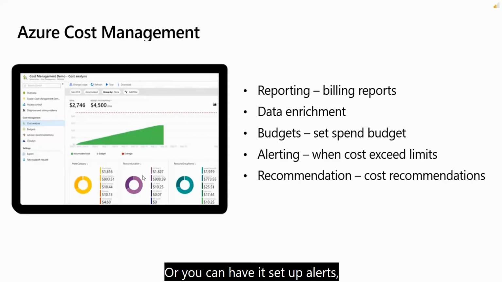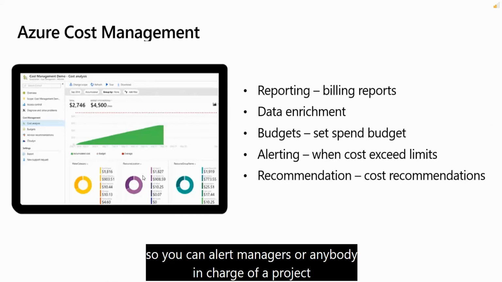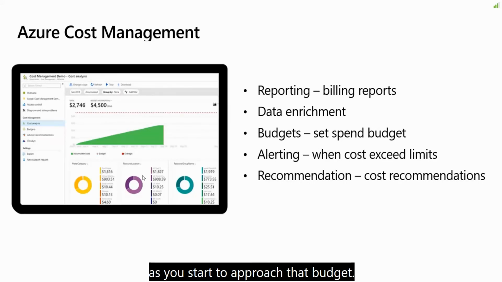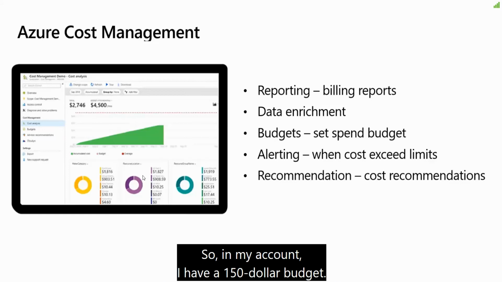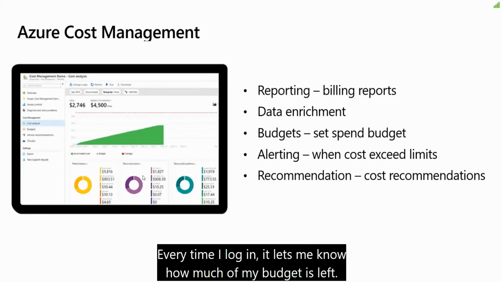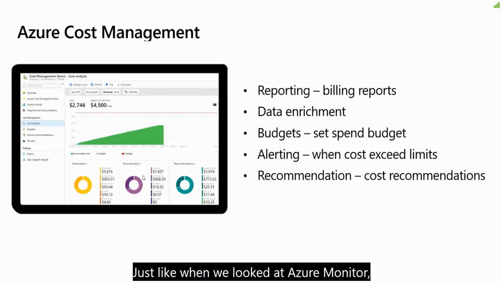Or you can set up alerts, where you can alert managers or anybody in charge of a project as you start to approach that budget. So in my account, I have a $150 budget. Every time I log in, it lets me know how much of my budget is left. And just like when we looked at Azure Monitor, we have that cost management piece, so it's going to make recommendations on how you can save money.